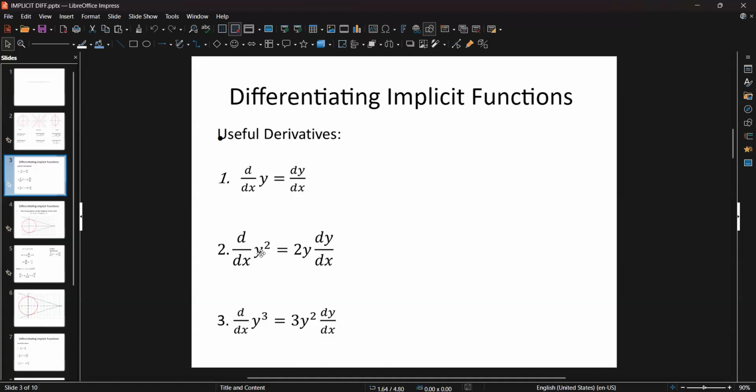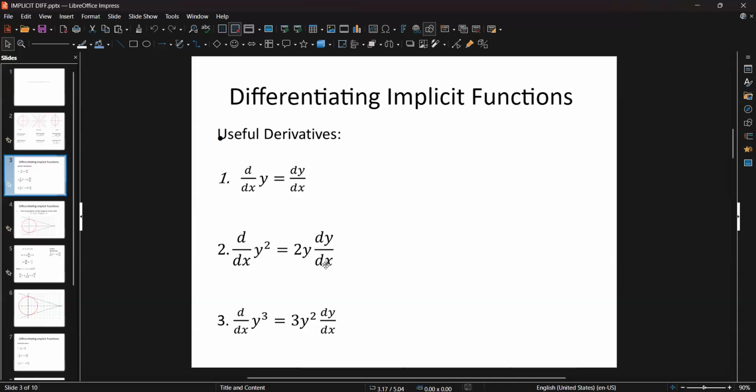If you differentiate y squared, you will get 2y dy dx. The reason is that y is a function of x. So apart from differentiating the outer function, where you get 2y, you have to differentiate the inner function y, and when you differentiate that, you get dy dx.